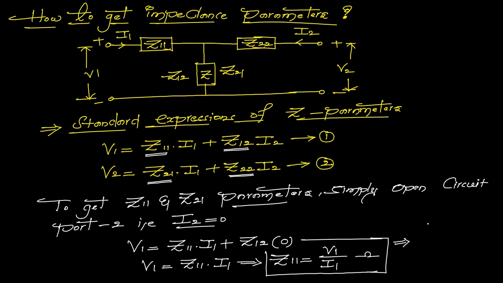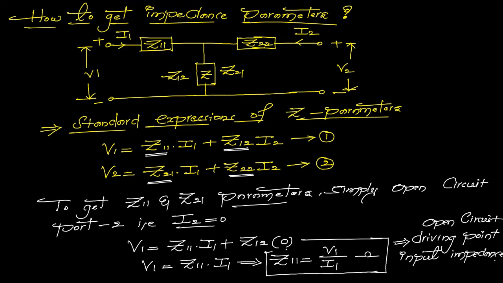This particular Z11 we call the open circuit driving point input impedance.